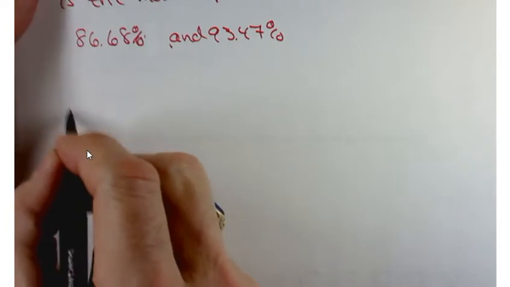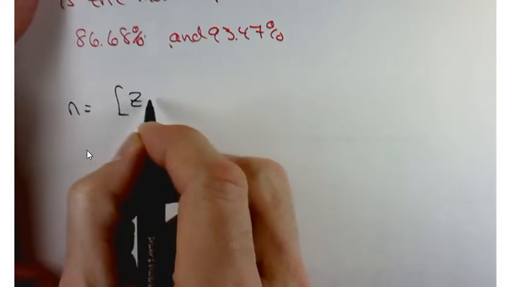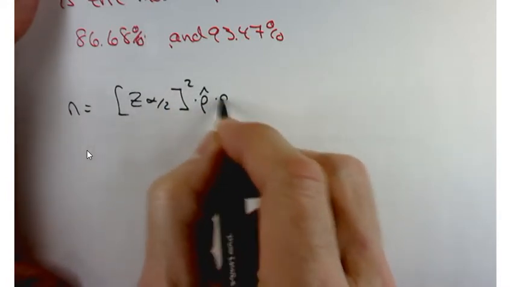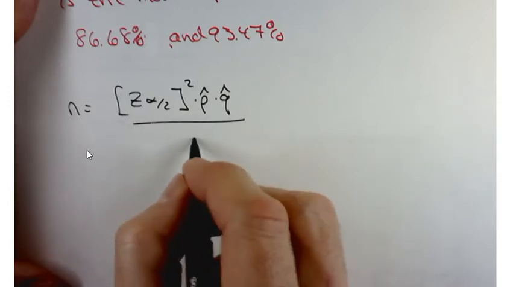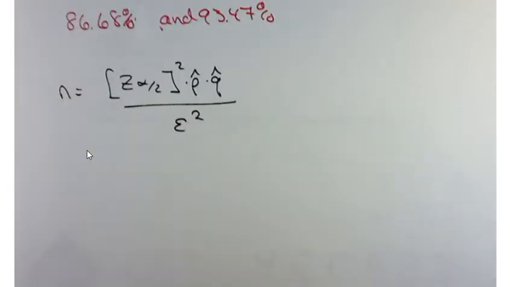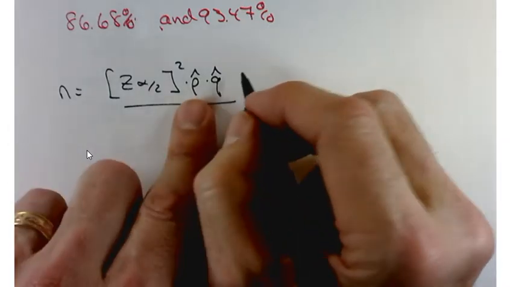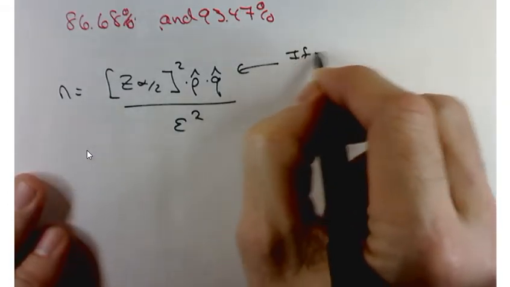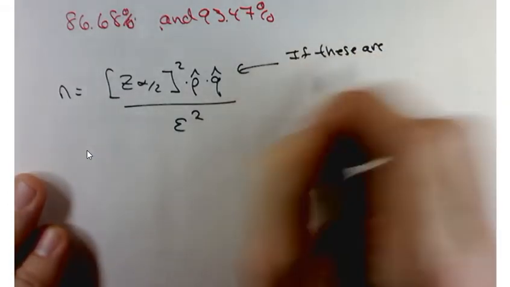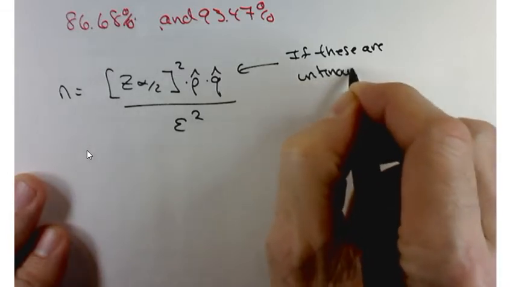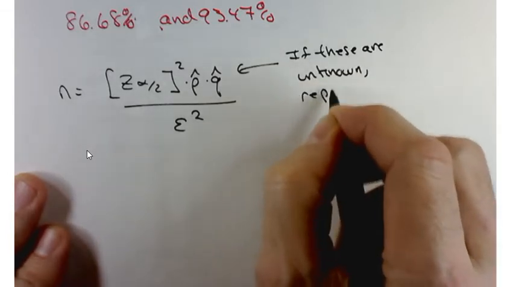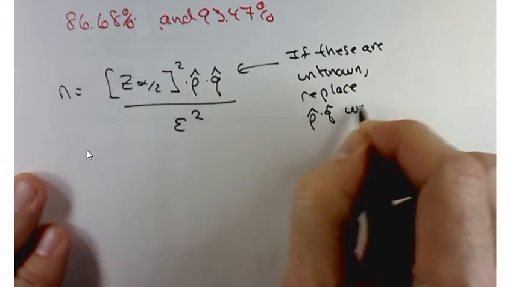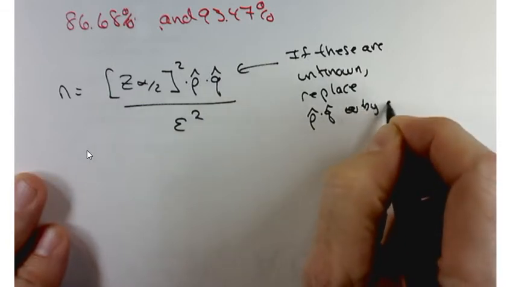So that expression is this: n equals z sub alpha over 2 squared times p hat times q hat divided by the square of the error. Now, this is assuming you have an estimate for p hat and q hat. If these are unknown, replace p hat times q hat by 0.25.